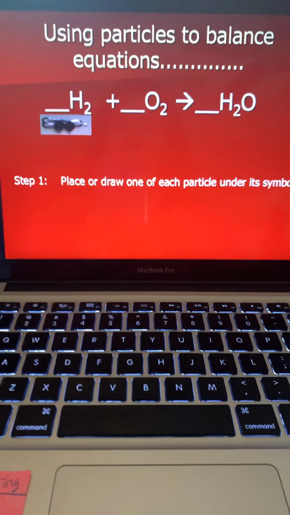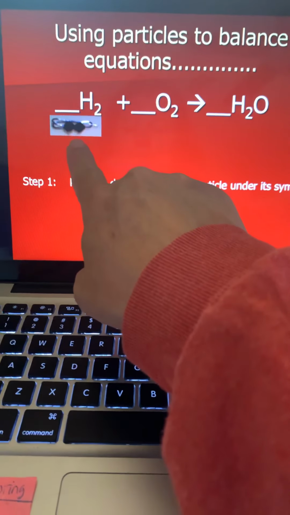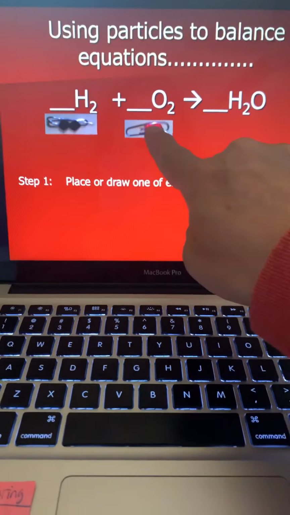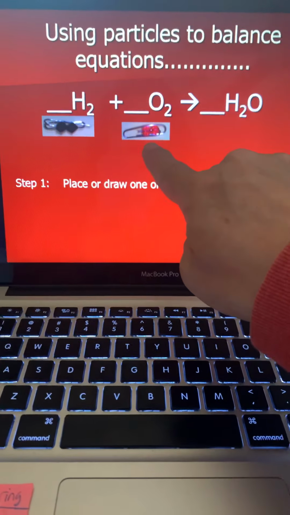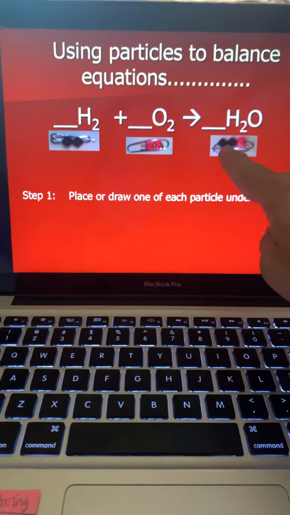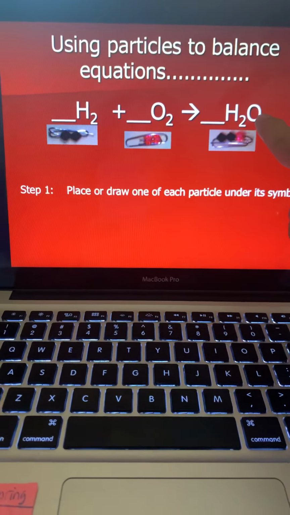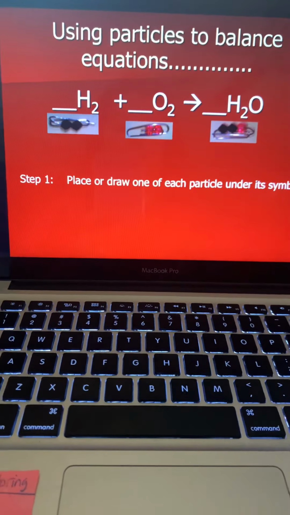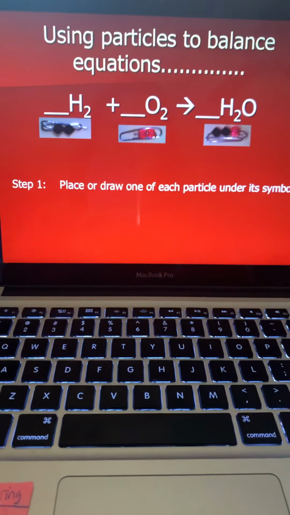So I have 2 black beads on a paper clip. That's representing H2. And I have 2 pink beads on a paper clip, and that's representing O2. And I have 2 blacks for hydrogen and 1 pink for oxygen on a paper clip. That's representing H2O.